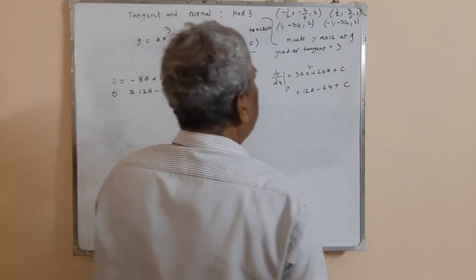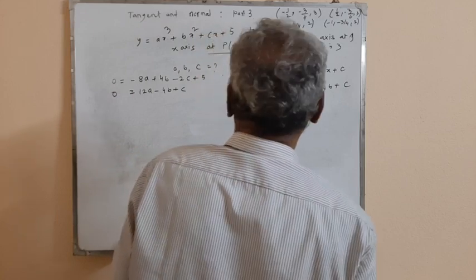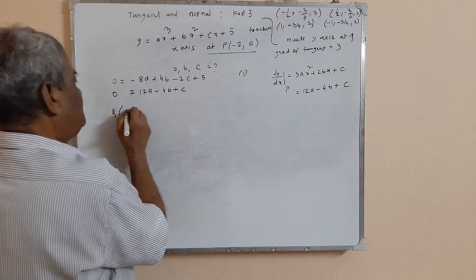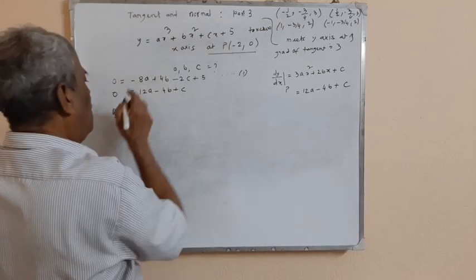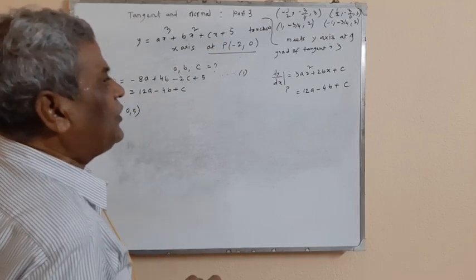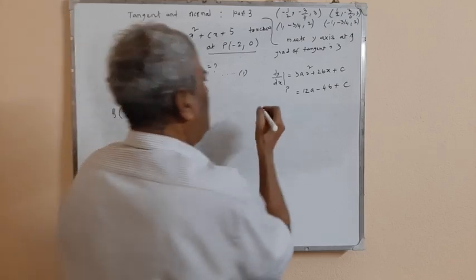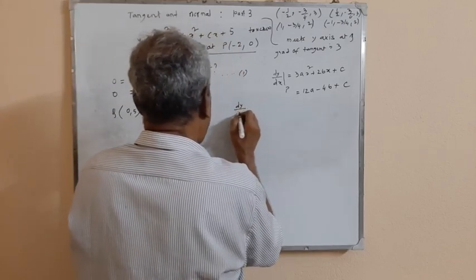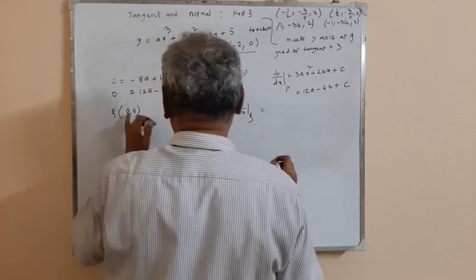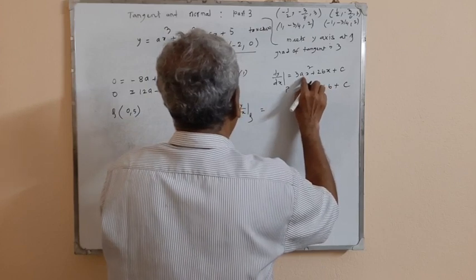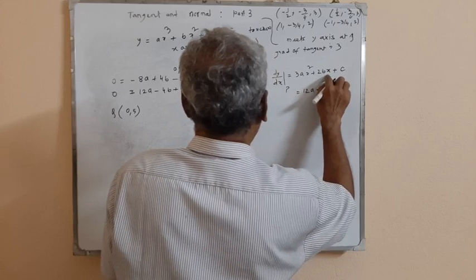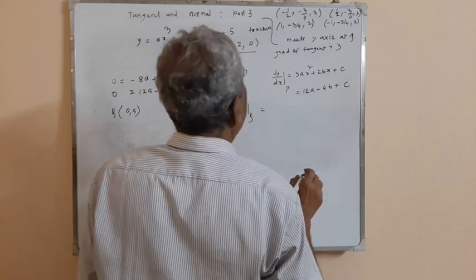Third of all, it meets the y-axis at Q. The point Q is (0, 5), where the gradient of tangent is 3. Therefore dy/dx at Q, where x is 0, is c.